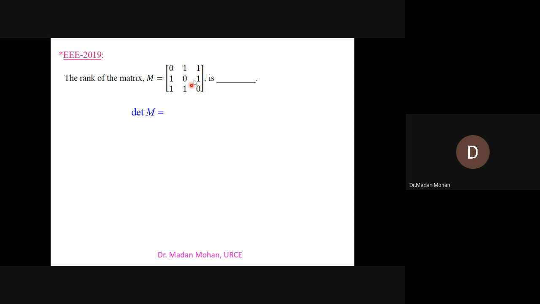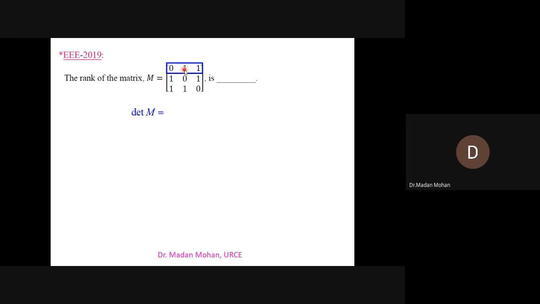Because the third order minor means the matrix itself, I have to calculate it itself. Third order, I have 3 cross 3. Itself is a submatrix, so determinant. Directly you can use the definition, using any row or column. For example, I use the first row with a different column. 0 into, I need not write.